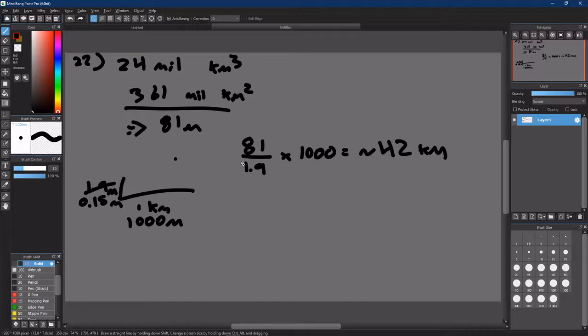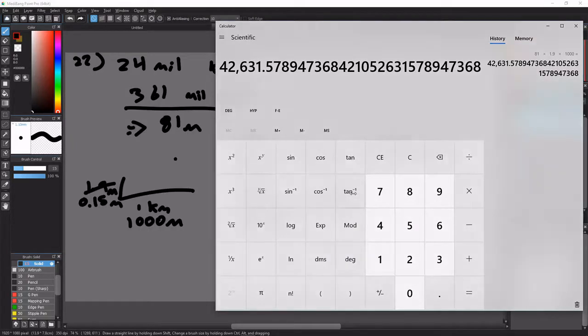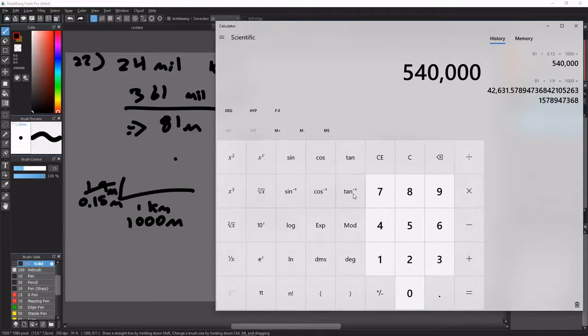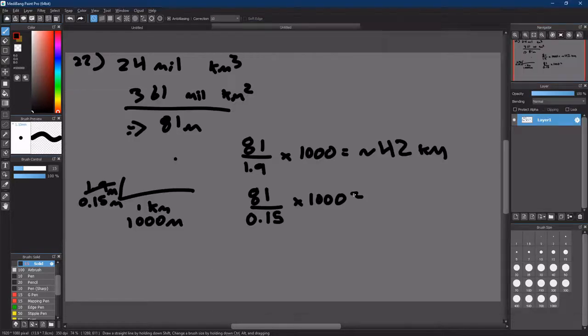So let's do this again, but instead of 1.9, we'll do 0.15. 81 divided by 0.15 times 1,000. So that would be about 540 kilometers inland.